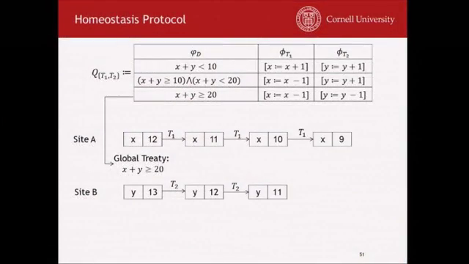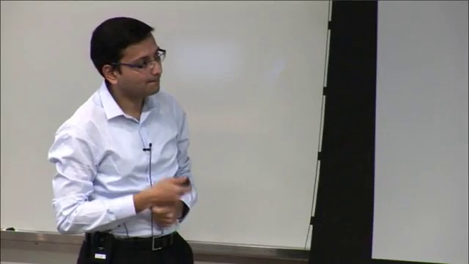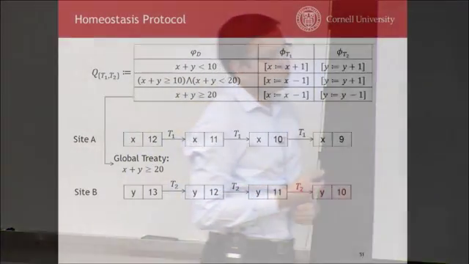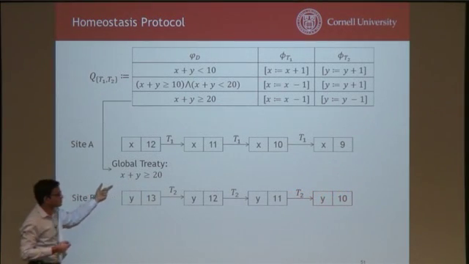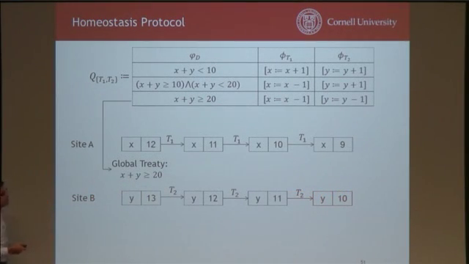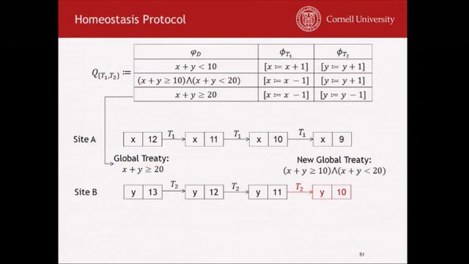So I can keep on executing these transactions as long as the overall state satisfies this global treaty. Finally, I will reach a stage where a transaction may actually cause a violation of this global treaty, at which point I recheck and establish a new global treaty, and that begins a new round of this homeostasis protocol.